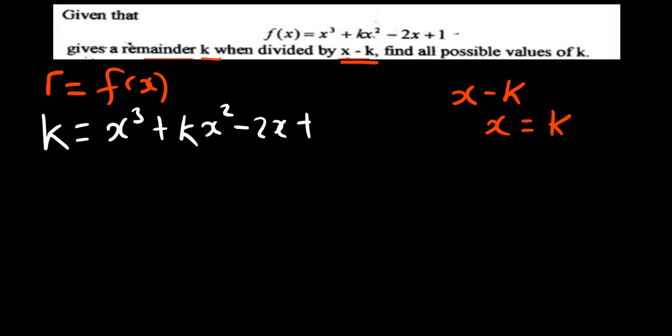Our remainder, we've been told, is k. So where there's r, we put k. So k is equal to our f of x, which is x to the power 3 plus kx squared minus 2x plus 1.